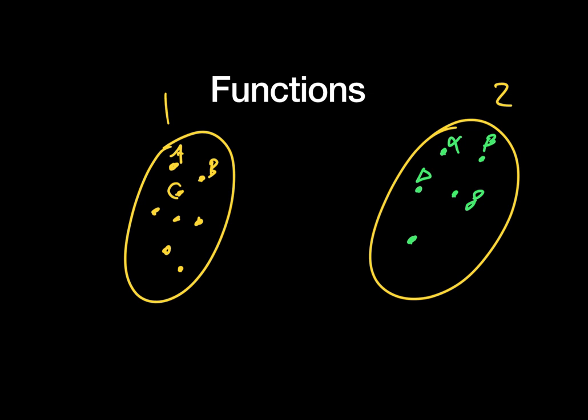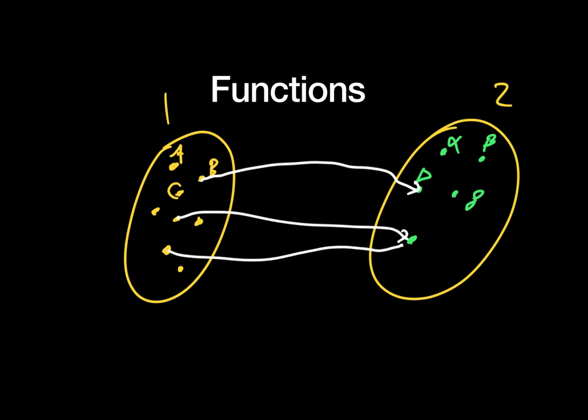If this data point B maps only to that data point and no other data points, and every point that's in the left side only has, now these could go to the same one. I could even have A go to this same one here. As long as every data point here only goes to one point over there, it is considered a function.